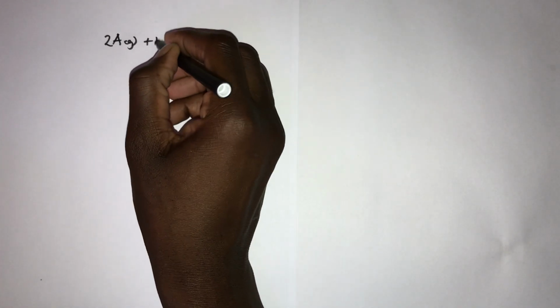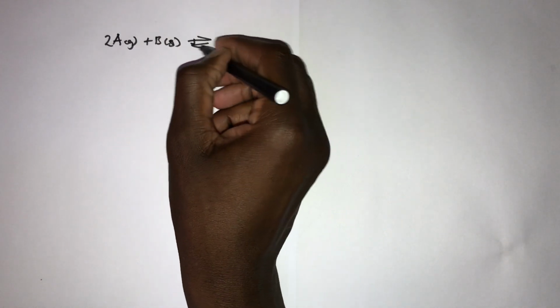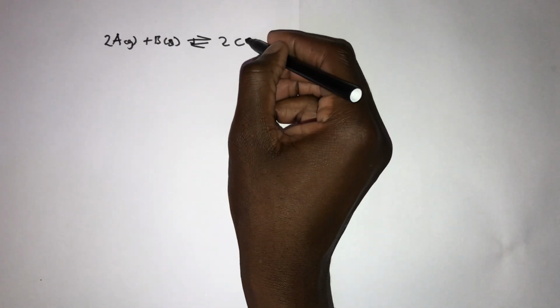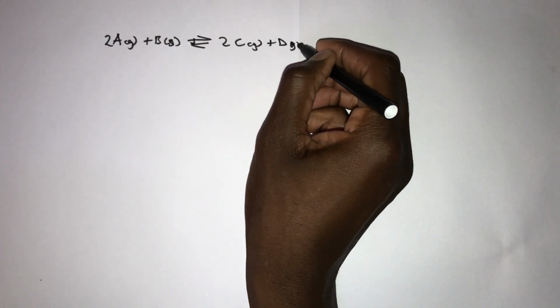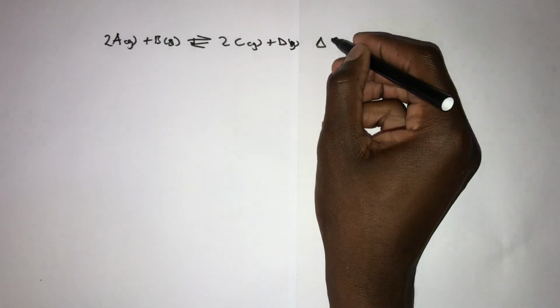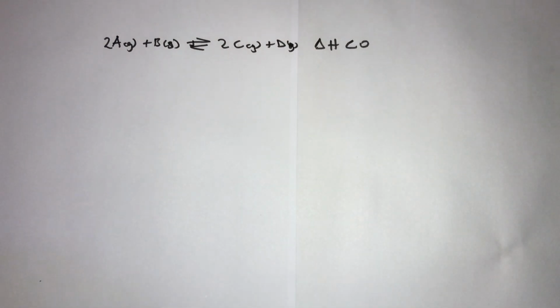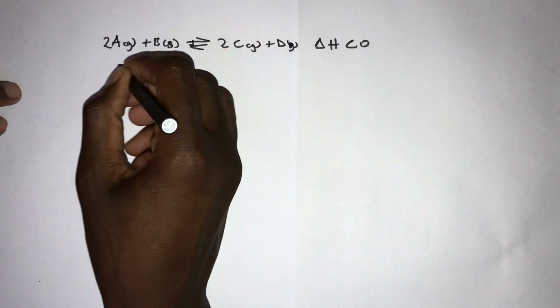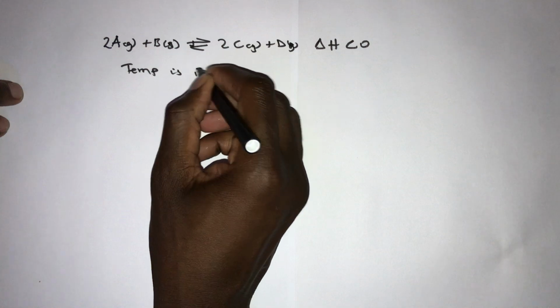It's 2A gas plus B solid, the reversible reaction, 2C gas plus D gas. The heat is less than 0. Now let's say temperature is increased.